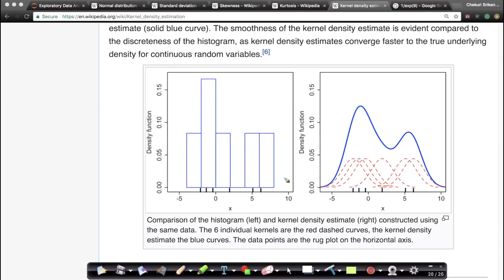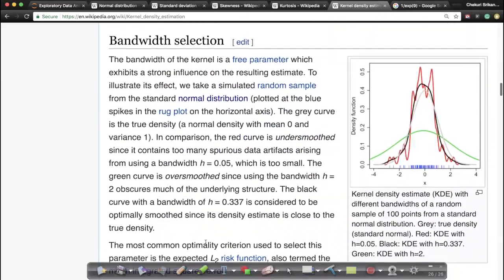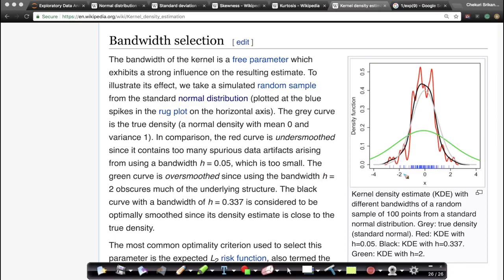Now I told you about variance and how it impacts this. The variance in this case is called bandwidth. This is a very nice concept. Let's assume, just for simplicity, that each of these small vertical blue lines is my observation, and the gray line is the actual distribution, meaning the actual PDF.